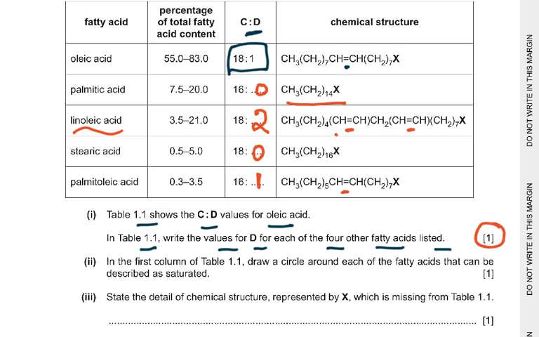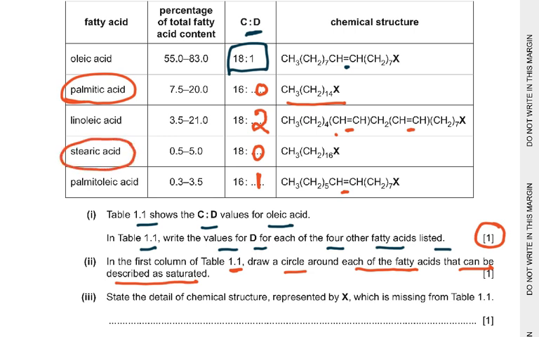Then it says in the first column of Table 1.1, draw a circle around each of the fatty acids that can be described as saturated. Now that can only be, because these didn't have any double bond, palmitic acid and stearic acid. So only these two.